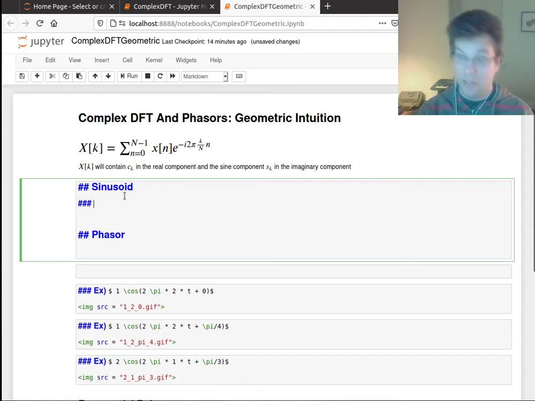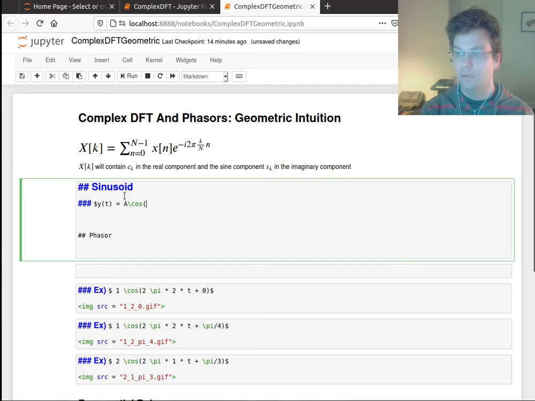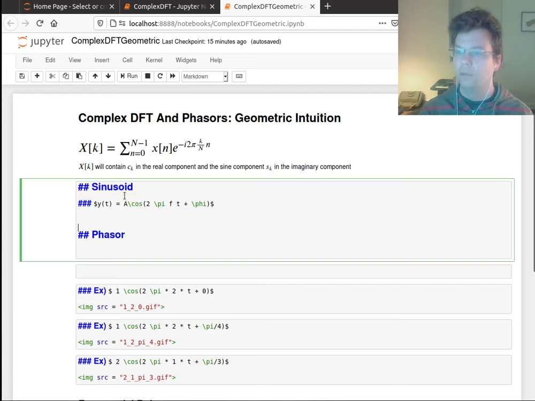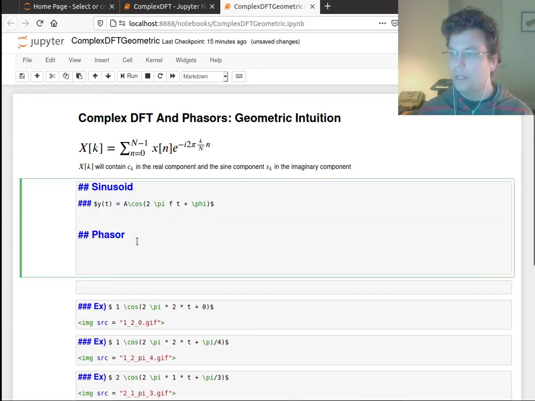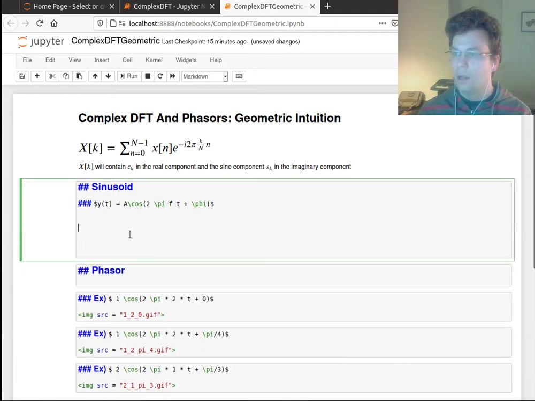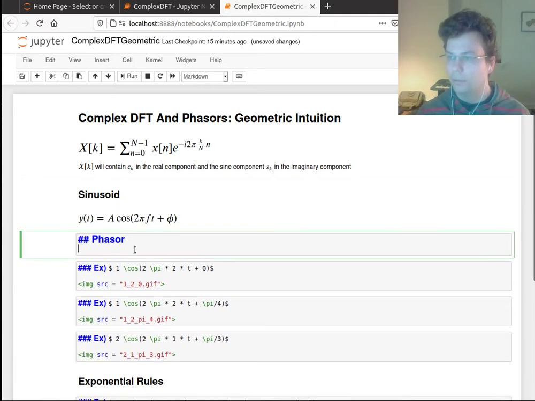So let's first again remember the sinusoid. What is that? Can't see it enough times. y of t is equal to amplitude times cosine of 2 pi f t plus phi. So I'll do the plus phi to be consistent with everyone else. Okay, so a phasor, that is the complex analogy of this.